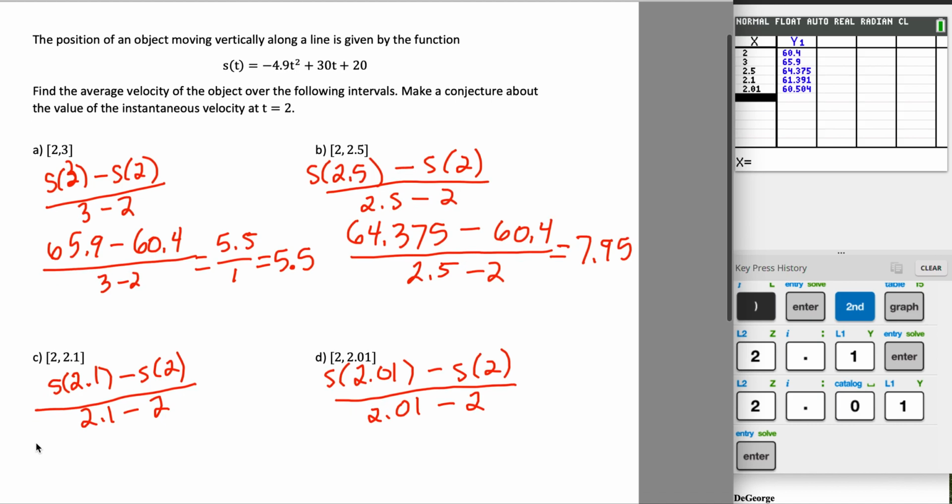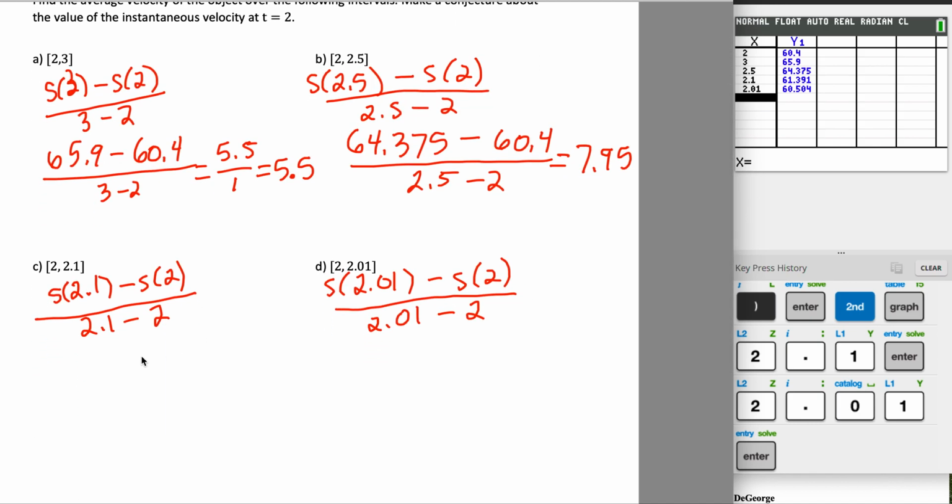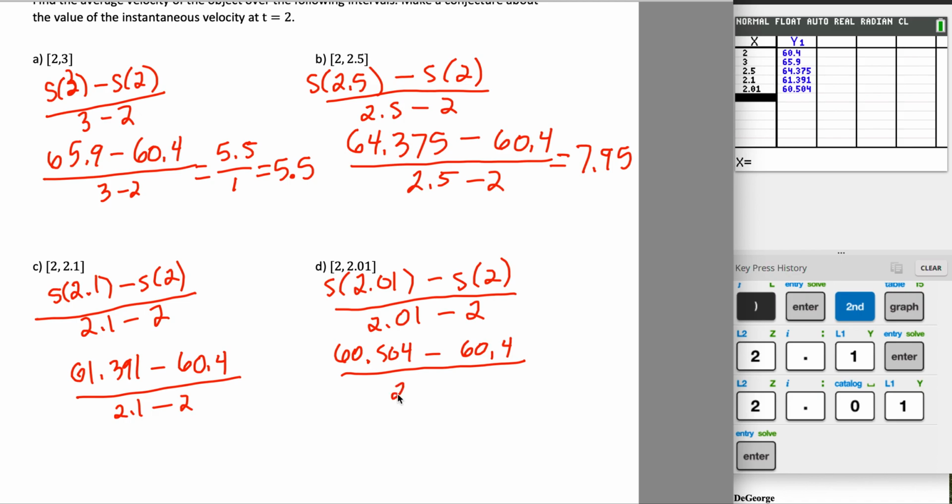So this becomes 61.391 minus 60.4 divided by 2.1 minus 2. And this one becomes 60.504 minus 60.4 divided by 2.01 minus 2. Okay, again, go ahead and put those in your calculator and see what you get.